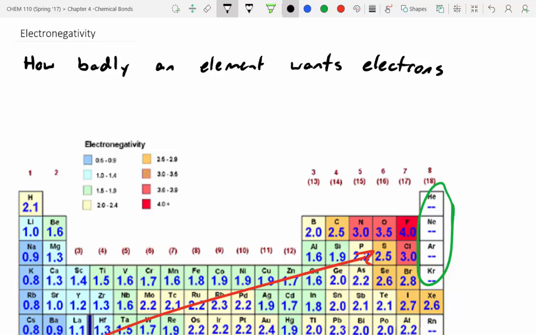That is exactly what electronegativity is. So fluorine really, really wants electrons, but if we go over to sodium, Na, that's got 0.9. Sodium doesn't really want electrons very much.